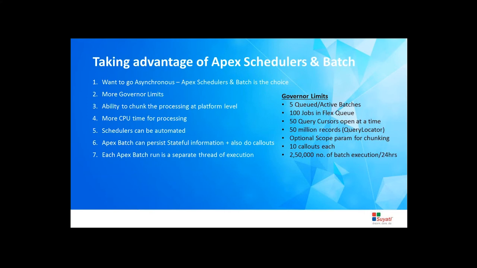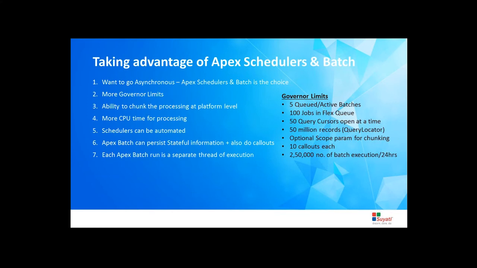Now, when we talk about the governor limits, the platform allows us to queue 5 active batch jobs. So 5 concurrent batches can run at a particular time.